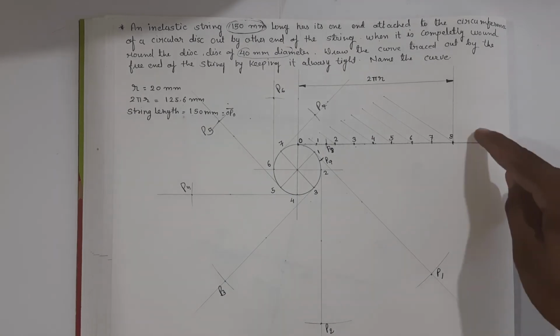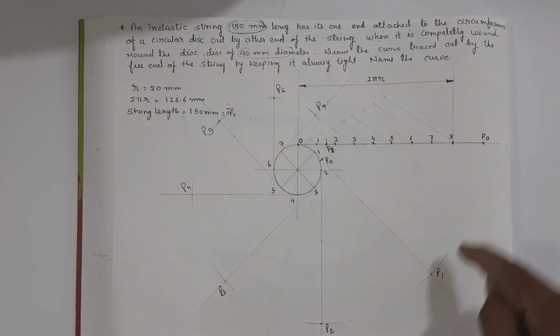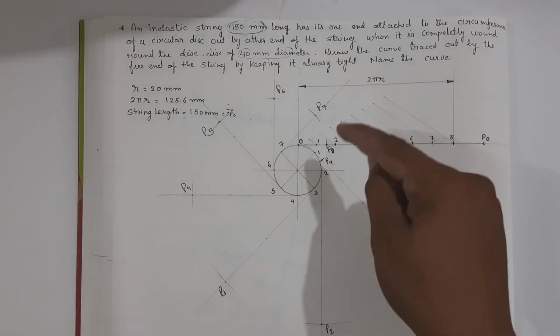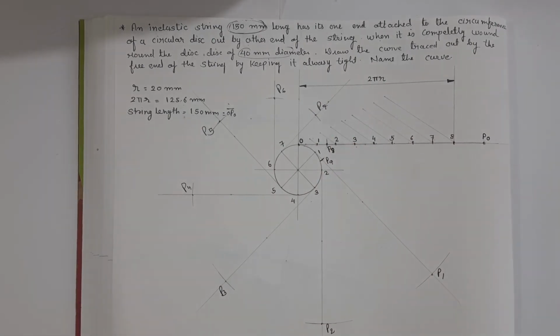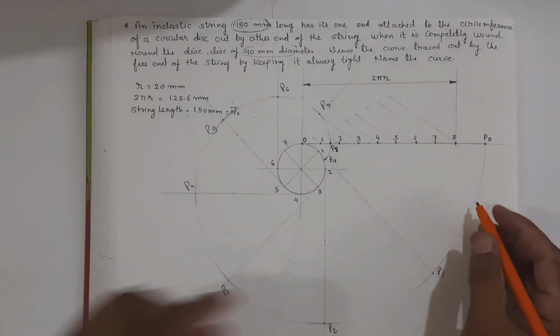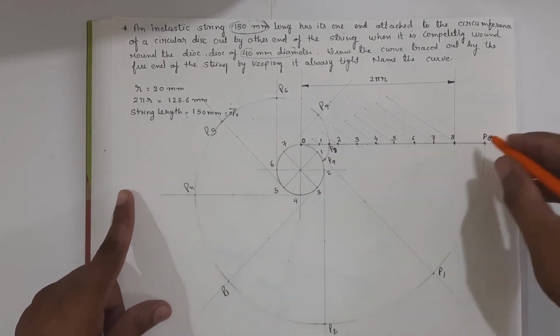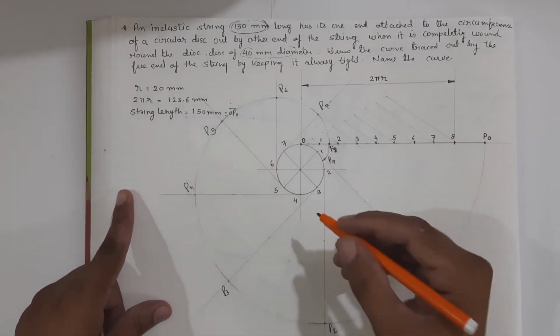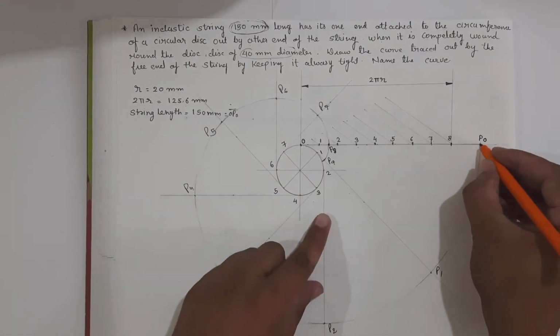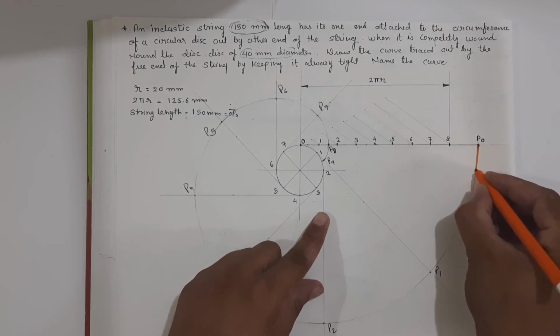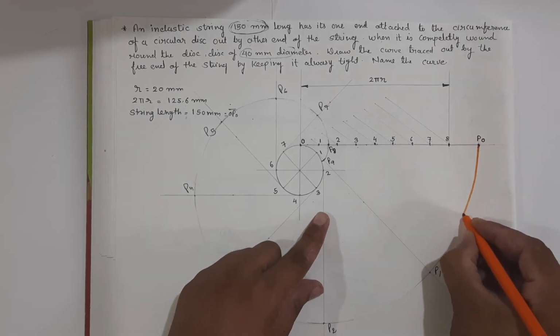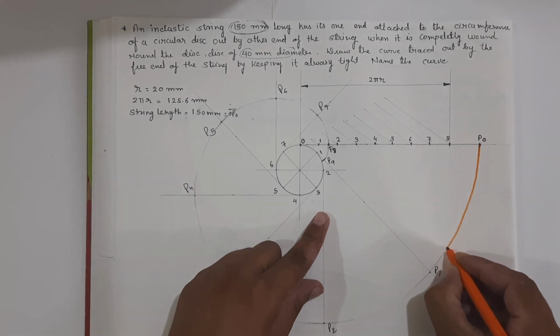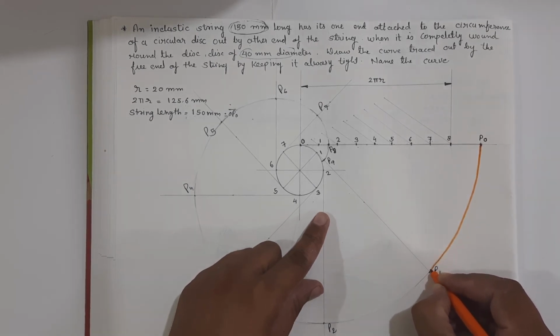So now draw the freehand curve passing from P0, P1, P2, P3, P4, P5, P6, P7, P8, P9. The curve generated by the free end of the string will be an involute.